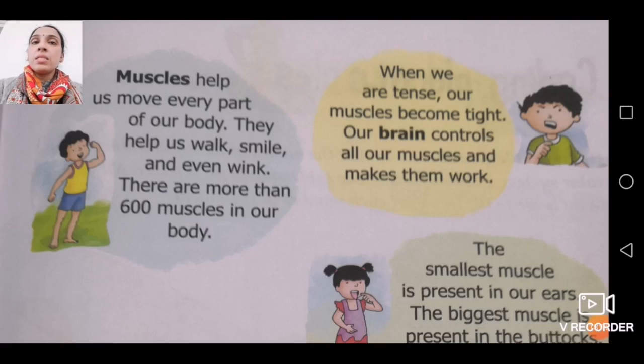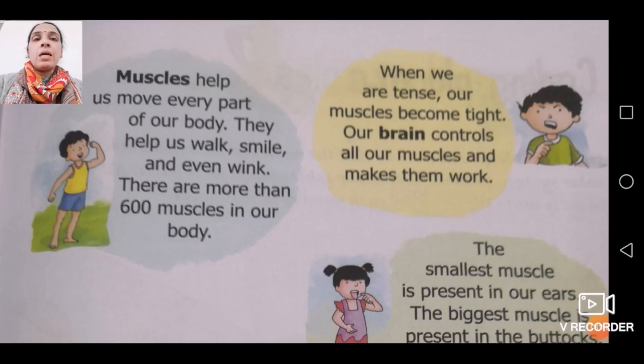Now if we talk about muscles, why are these muscles important? Muscles help us to move every part of our body. We can move every part of our body, and these muscles help us to walk, smile and even wink. Whatever we want to do, we can do it with our muscles only.